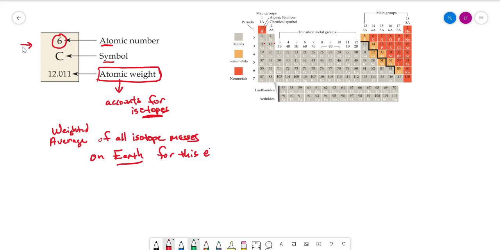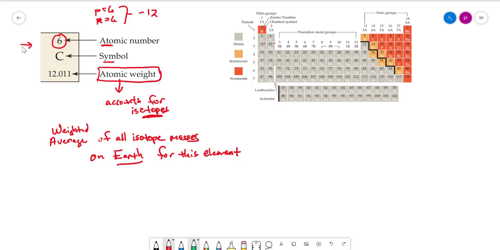So what that means is, if we were to think about carbon, if carbon had 6 protons and 6 neutrons, so if protons were 6 and neutrons were 6, we'd expect this thing to have a mass of roughly 12, because these two things are much heavier than the electrons.